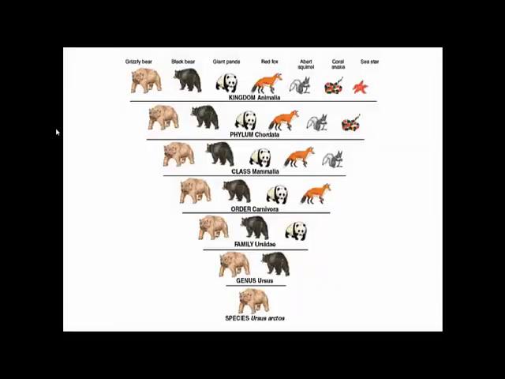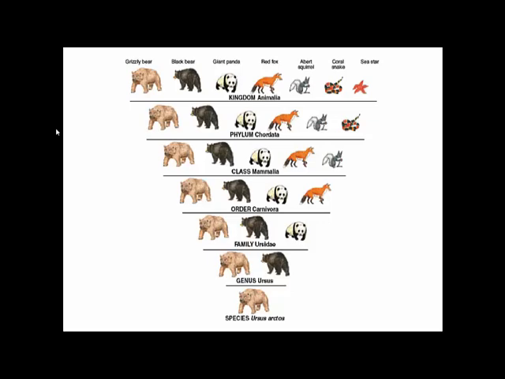Here's something else to help you visualize these groups. Starting with kingdom, one of the broadest, most general groups. All of these organisms, grizzly bear, brown bear, black bear, panda, fox, squirrel, coral snake, and a sea star, a starfish, are all in the animal kingdom.